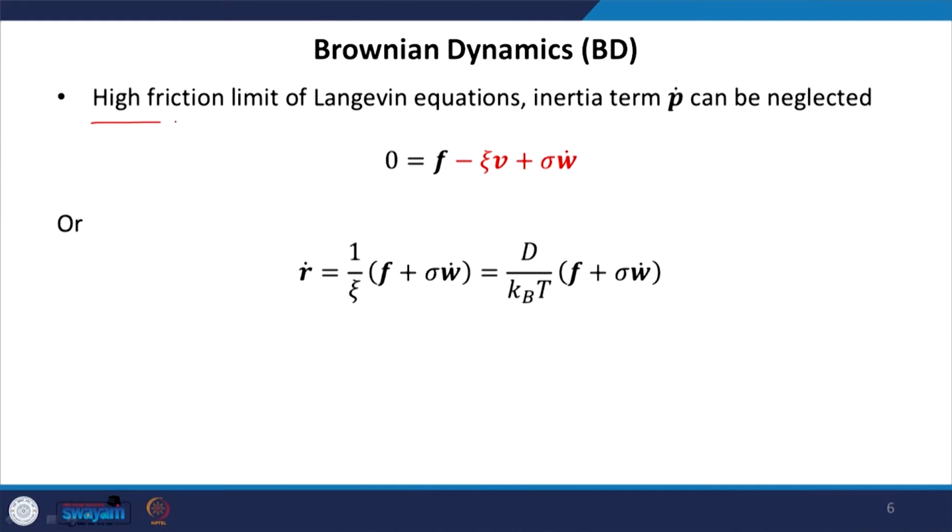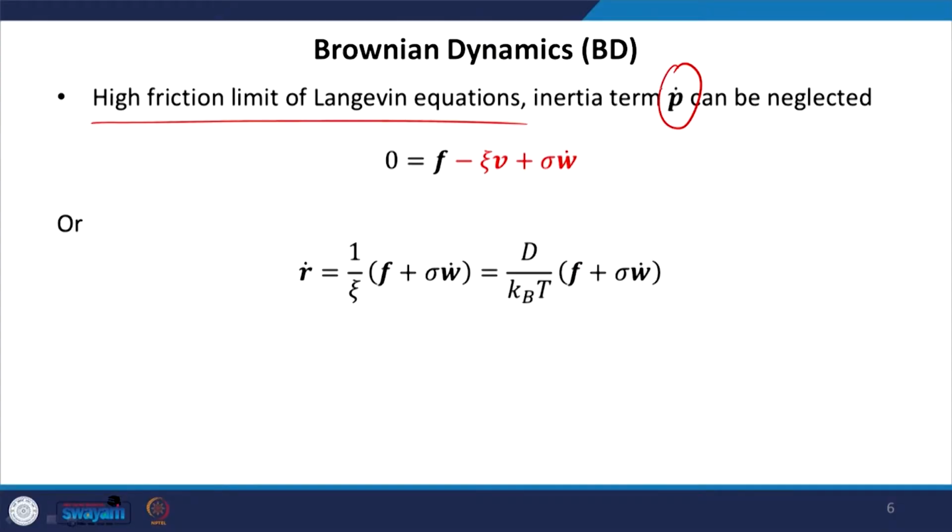So, there is a method called the Brownian dynamics method, which is going to be the high friction limit of the Langevin equation. At high friction, we can eliminate the inertia term. The inertia term, that is the p dot term, which is basically mass times acceleration, is going to be negligible in comparison to the friction term, and therefore I can pretty much remove that; it becomes 0.